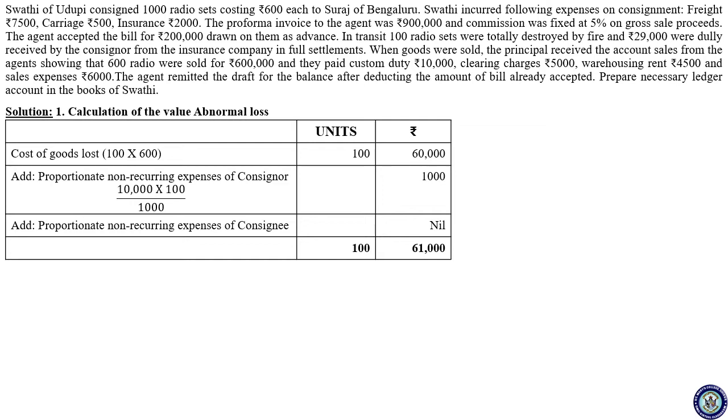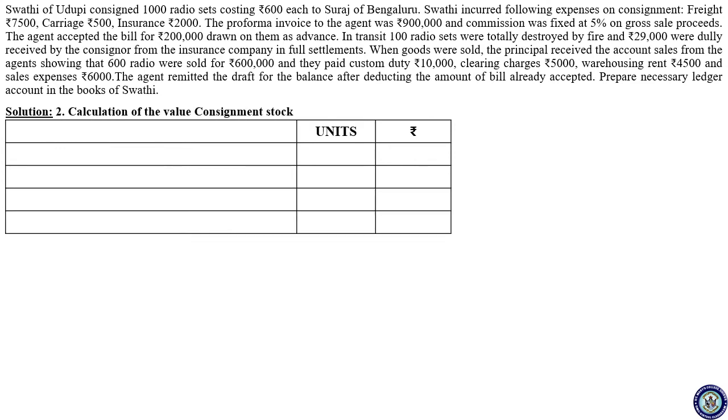Those who have completed working note number 1, you can go for working note number 2. So the second working note is calculation of value of consignment stock.